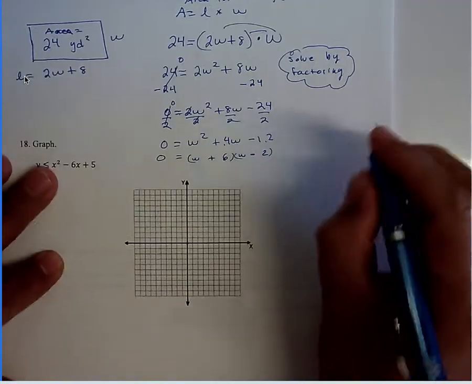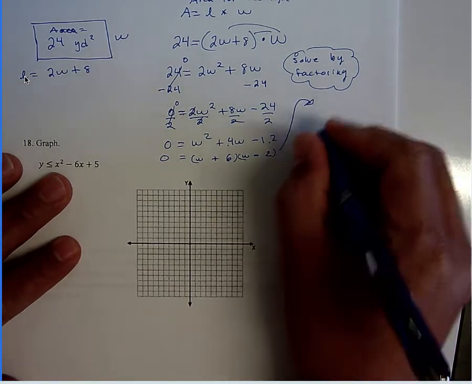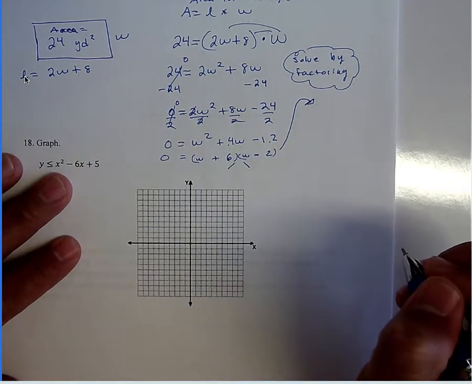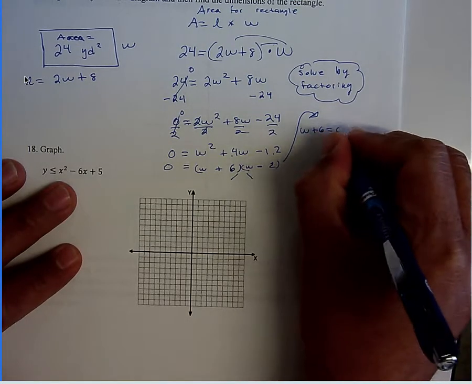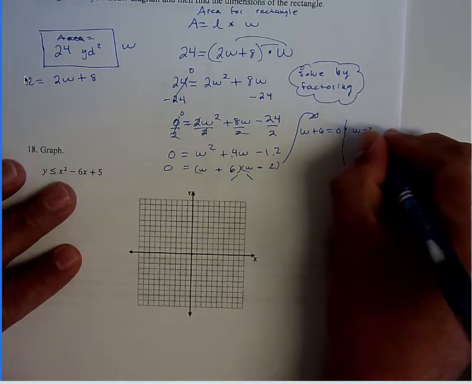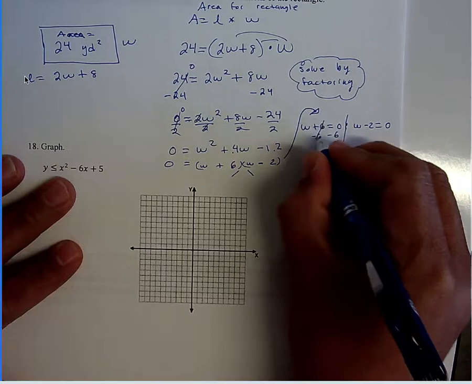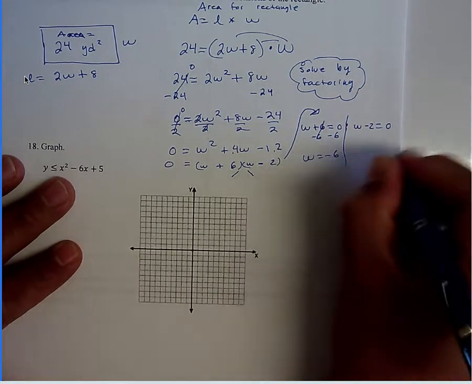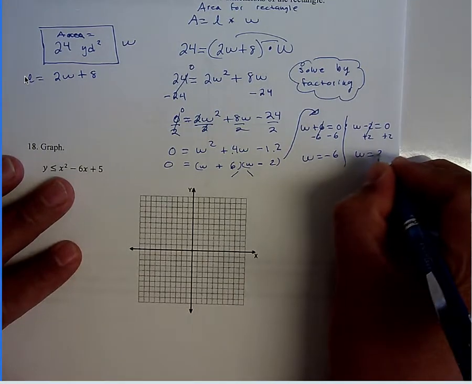So now we have solved for that. Now we split them: W plus 6 equals 0, and W minus 2 equals 0. So minus 6 minus 6, so W equals negative 6, plus 2 plus 2, so W equals 2.